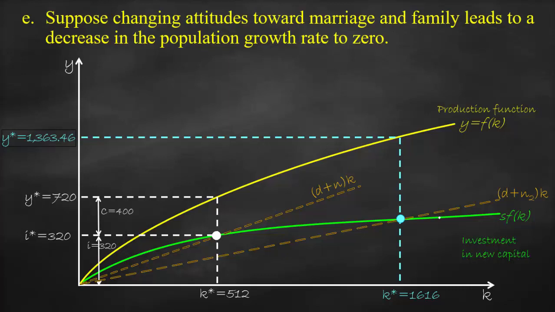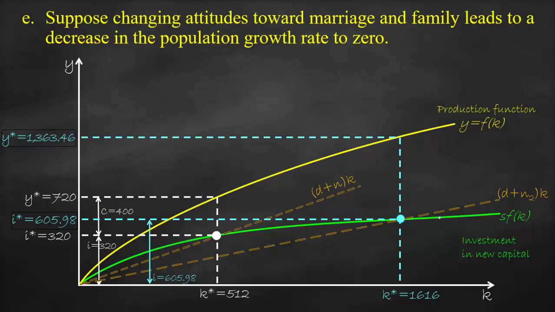And then from our new level of capital per capita at the steady state, I would like to get our investment. So I will look at the point of intersection between this new capital at the steady state and our investment function. We'll go horizontally, and this will give us our investment per capita, which is 605.98.